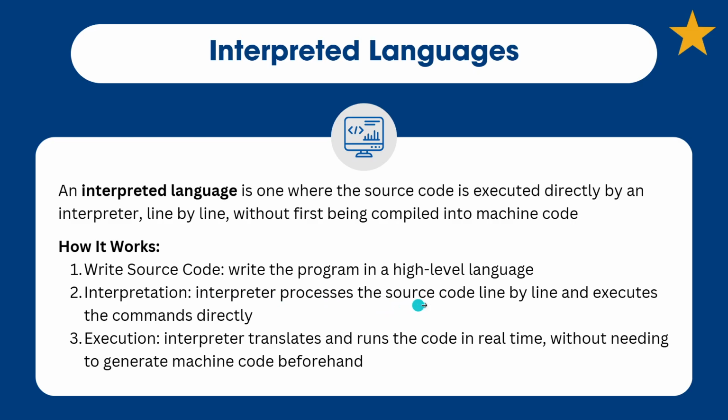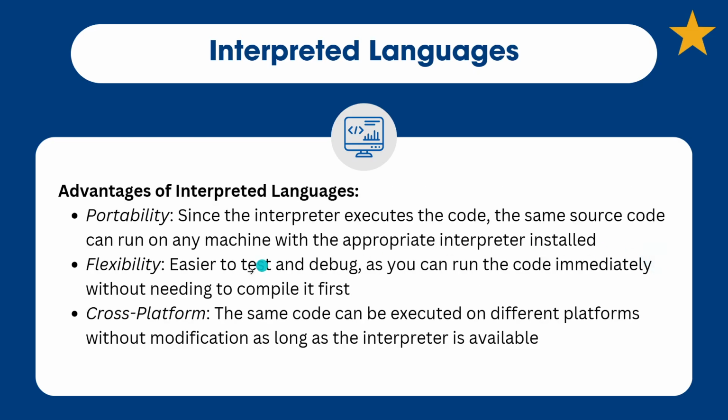The interpreter processes the source code line by line and executes the commands directly. So as it's reading, it's also executing. It's kind of doing two things at once. The interpreter translates and runs the code in real time without needing to generate machine code beforehand. So there's not really that preliminary step of translating everything at once. It's doing two things at a time.